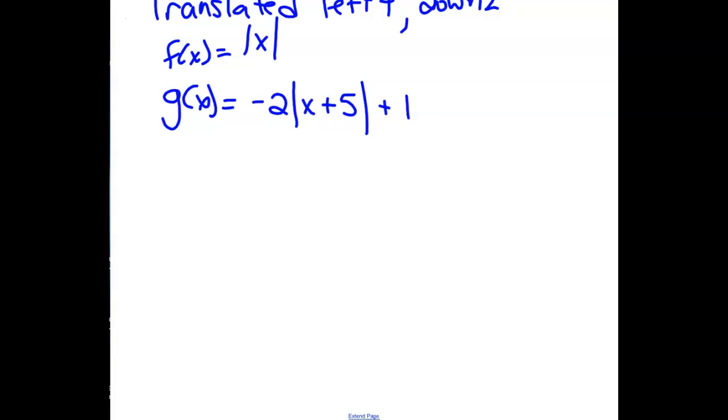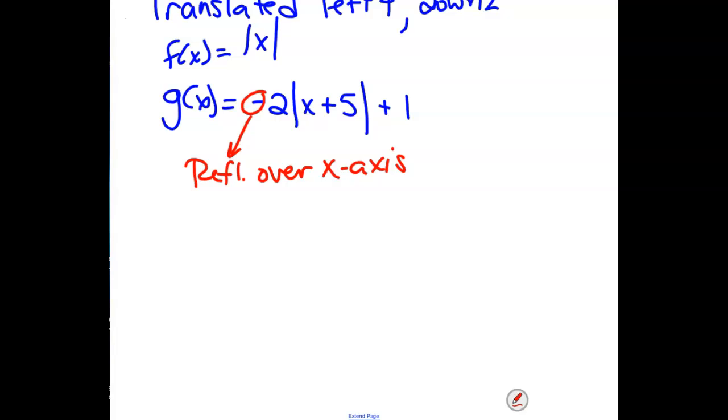You actually have to think of that -2 as two different things happening. Separate the negative from the 2. What is a negative in front of your whole equation doing? It's reflecting over the x-axis. So this actually had 4 different transformations. The negative caused it to reflect over the x-axis.